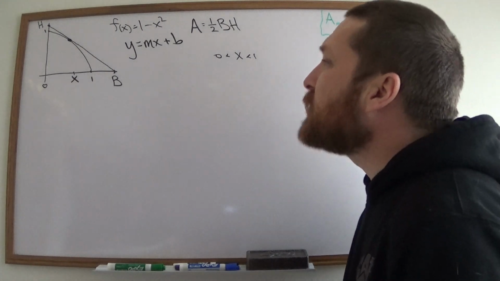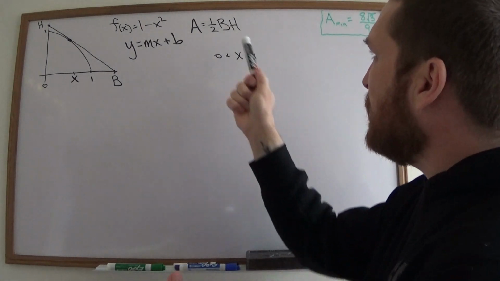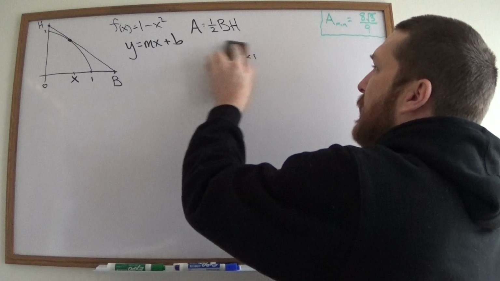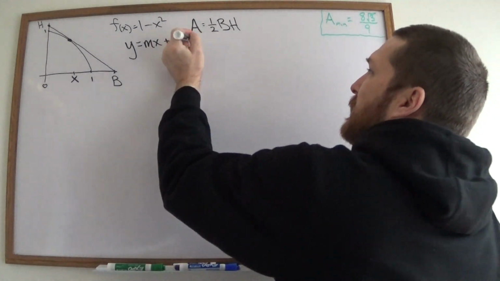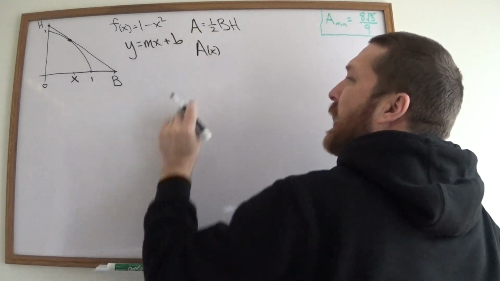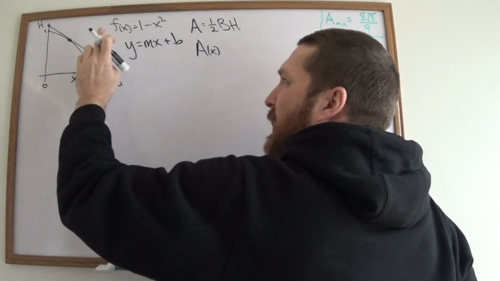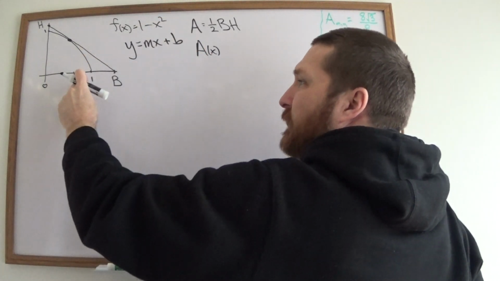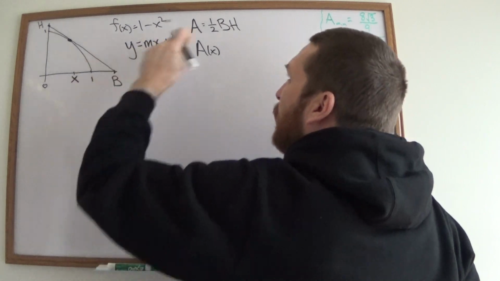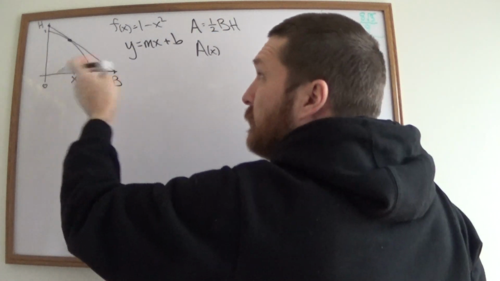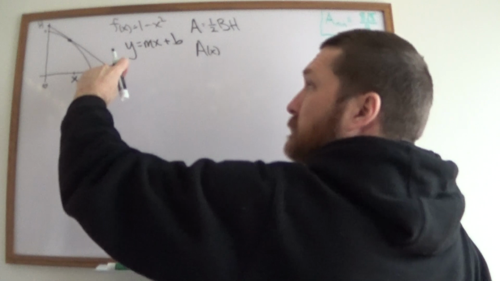Okay, so the idea is I'm going to get A of x now. What I want is an A of x where, for any value of x you put here, I want to know the area. Well, here we go, right?